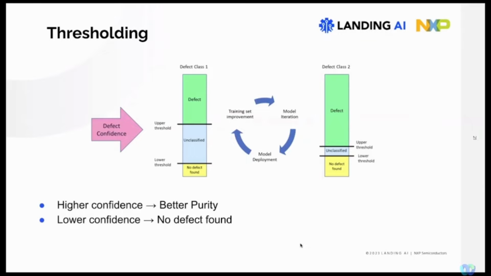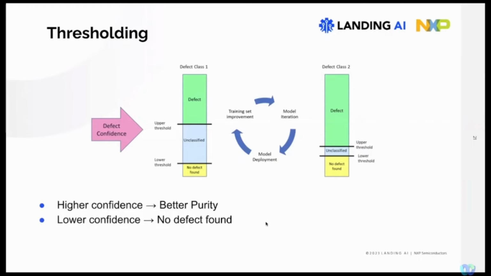In approaching this, we applied a thresholding methodology, where we get a defect confidence for each classification. Anything higher than the threshold that we applied, we accepted the defect code presented by the ADC system, and anything less than that was left unclassified.